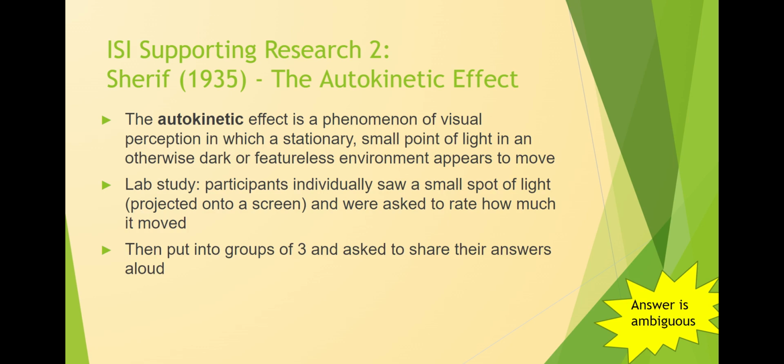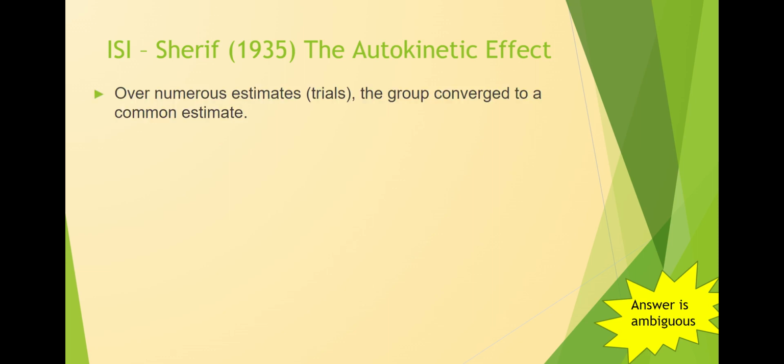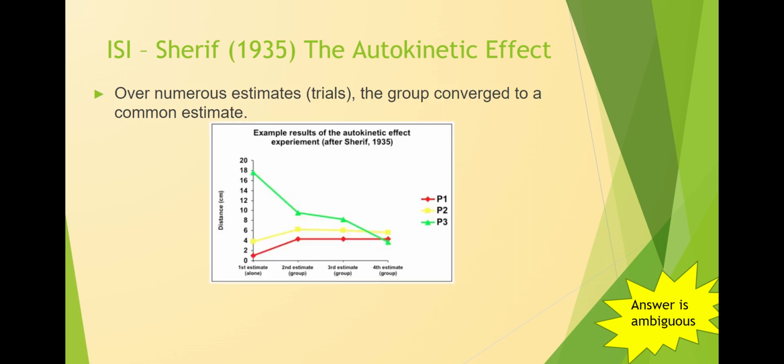Then they put the participants into groups of 3 and asked them to share their answers aloud. Over numerous trials, the groups converged to a common estimate. And we can see an example of the graph here. Okay, so participant 1 in red, participant 2 in yellow, and participant 3 in green.